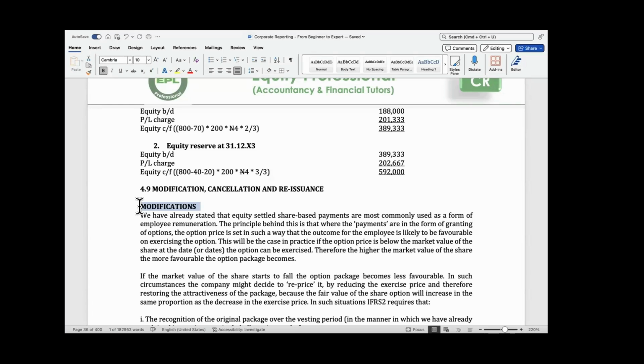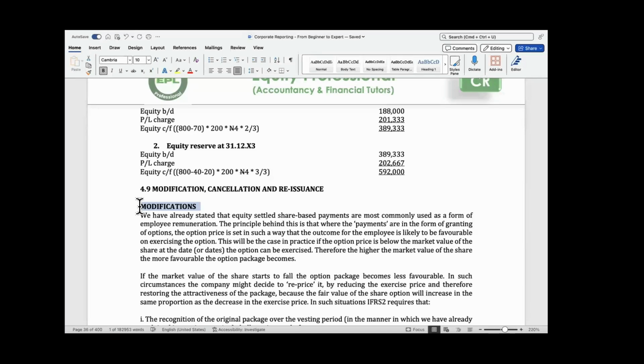Share price that is this high, and they want us to buy it for this low amount. So if the share price is now coming closer to the exercise price or lower than it, people will be concerned that this thing has no value anymore. Then modification comes in.